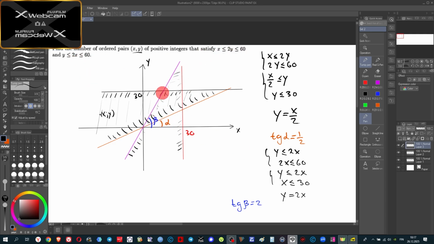So the total area that we are looking for is this intersection, this quadrilateral. It's exactly what we need. So every point xy where x and y are natural numbers, if it belongs to this quadrilateral, that's the point that we need. And we need to calculate how many points xy with integer coordinates belong to this quadrilateral.